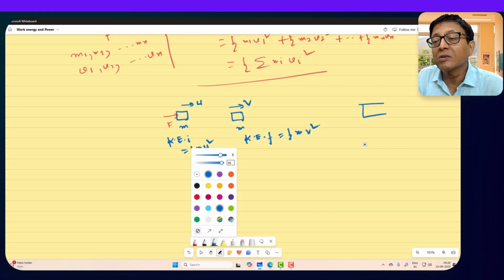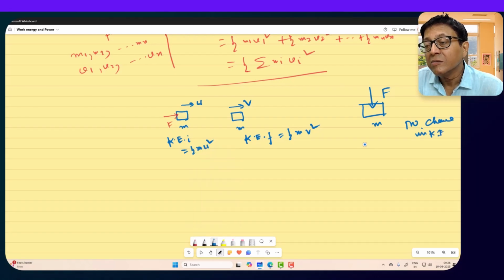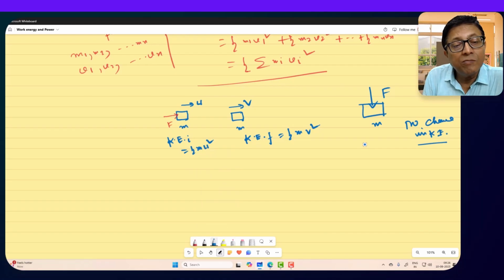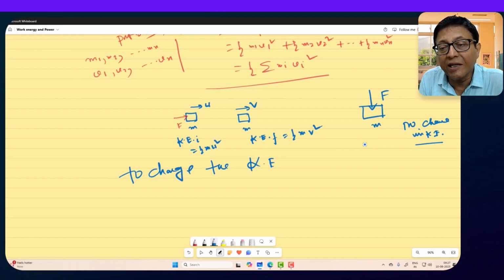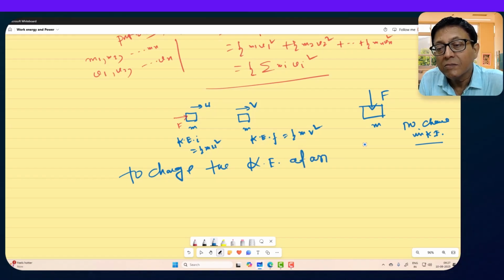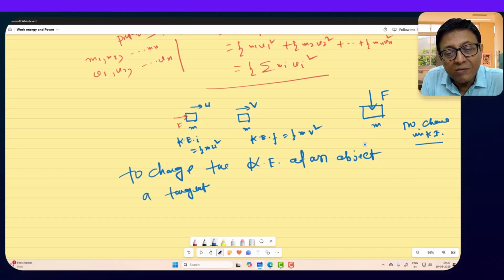If we apply a force in this manner on this object, there is no displacement, I mean, no change in K. To change the kinetic energy of an object, a tangential force is required.